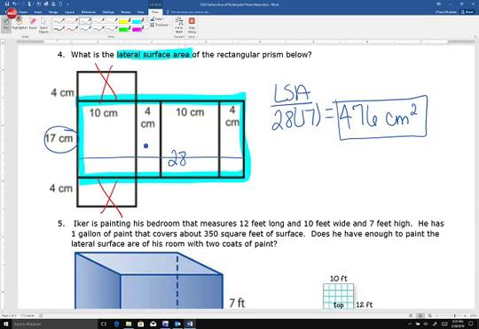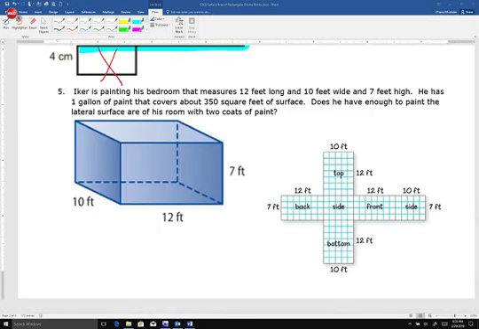Let's try the last one in our notes, number 5. Number 5 says, Iker is painting his bedroom that measures 12 feet long, 10 feet wide, and 7 feet high. He has 1 gallon of paint that covers about 350 square feet of surface. Does he have enough to paint the lateral surface area of his room with 2 coats of paint? So we're only wanting the lateral surface area. So I'm going to go ahead and highlight that.